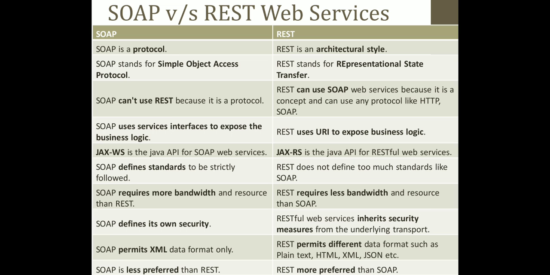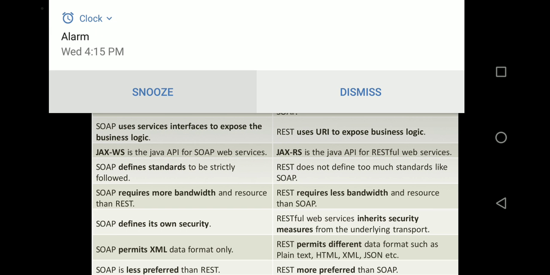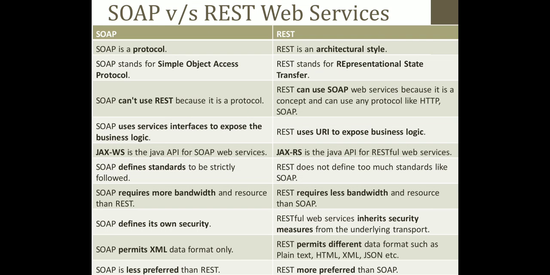SOAP is less preferred as compared to REST, and REST is more preferred than SOAP because of the disadvantages of SOAP. That is, it is a little bit slow as compared to REST, and it is also WSDL dependent. So these disadvantages can be overcome with RESTful web services.